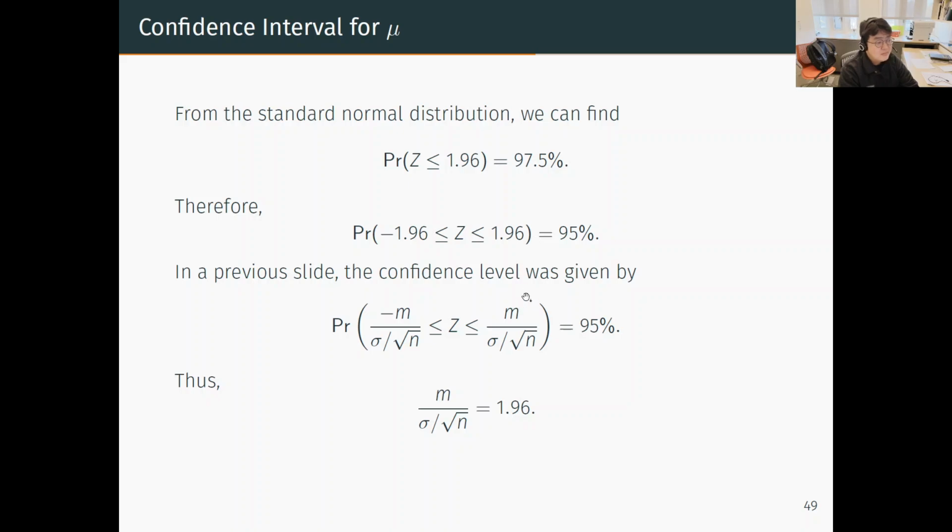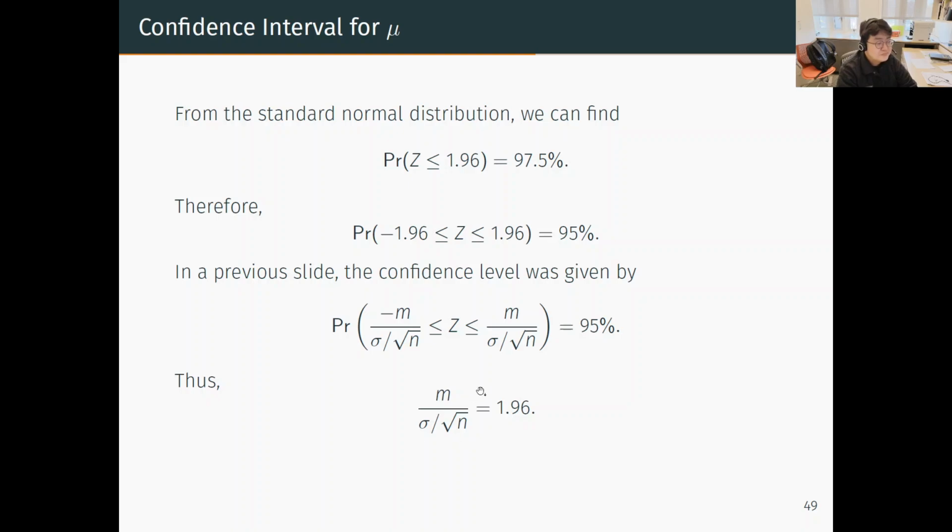And then going back one step further, 1.96 corresponds to this term, which we obtained from standardization. So you have to equate these two, right? 1.96 is m, the margin of error, divided by the standard deviation of the sample average, okay?